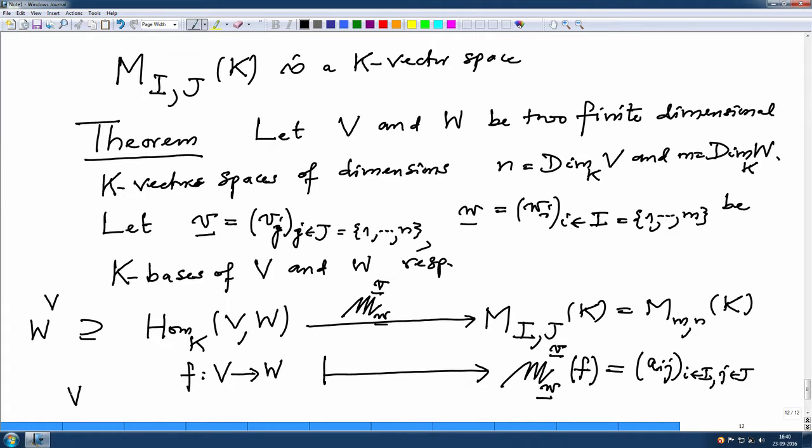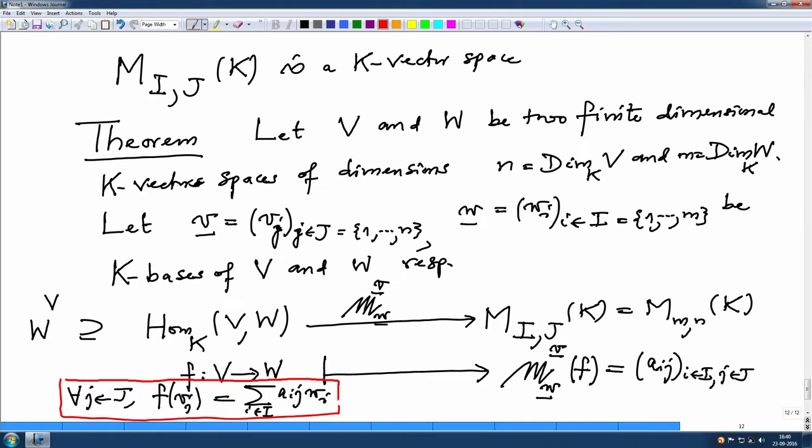For each j in J, f(v_j) is the summation of a_ij w_i. So there are a bunch of equations, as many as the elements in J. These equations define this matrix.